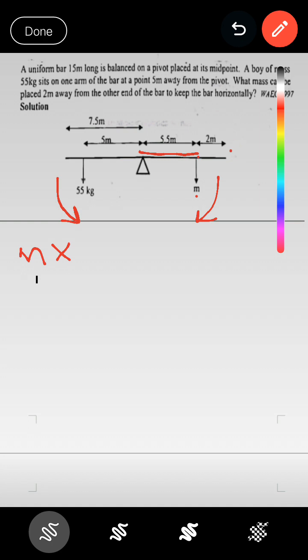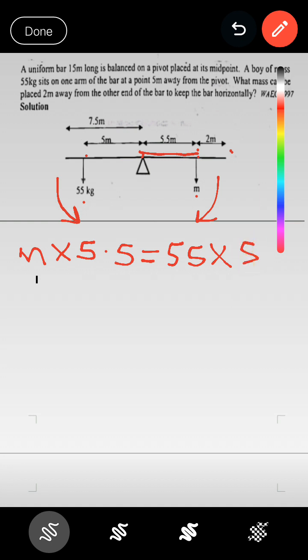From here to here is 7.5. So if we remove these 2, the remaining will be 5.5. So M times 5.5 is equal to the mass 55, that is the anti-clockwise force, 55 times the distance from here to here, that is 5.